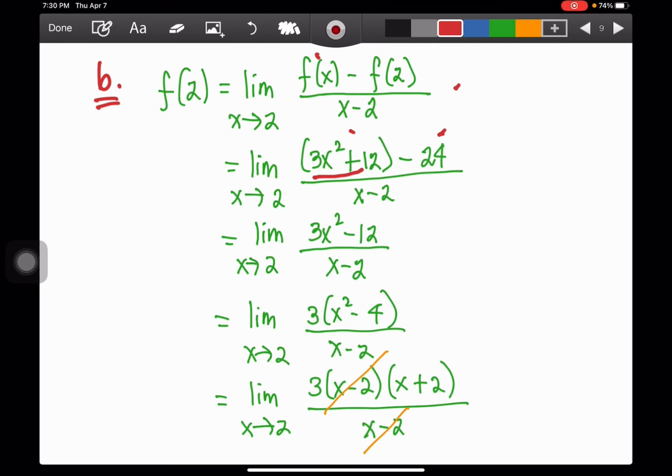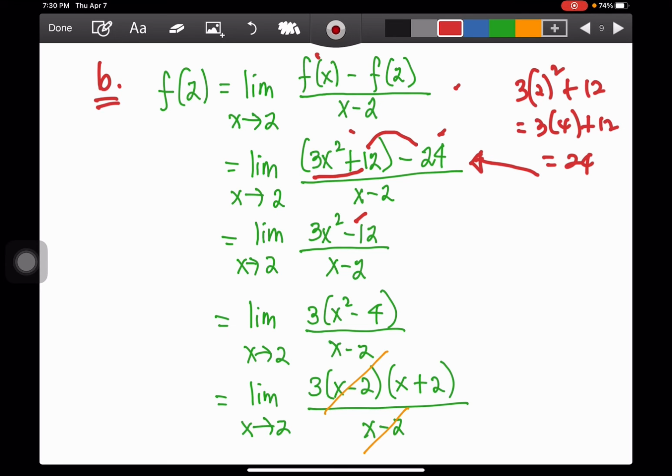I hope you can understand that. So that is where it is coming from, all over x minus 2 as x approaches 2. So we have here negative 12 minus 24. That gives us negative 12.